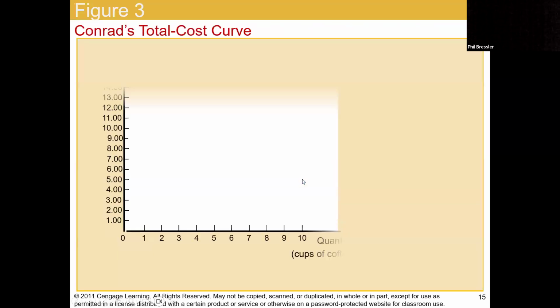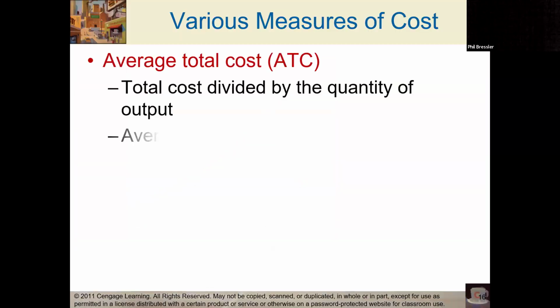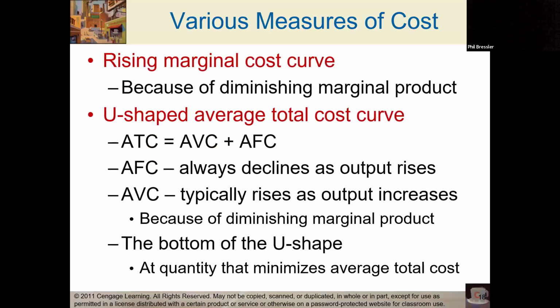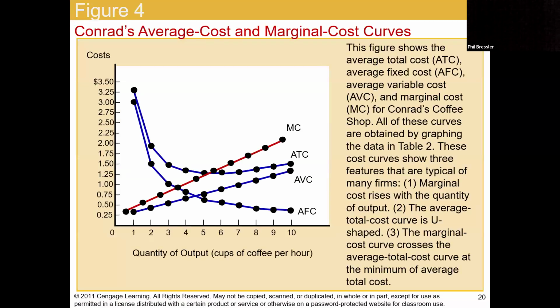Okay. Here are your cost curves. ATC has to be above AVC. Why? Because AVC plus AFC equals ATC. The gap between AVC and ATC is AFC. MC is like that.